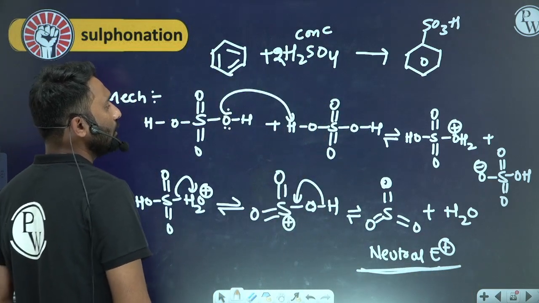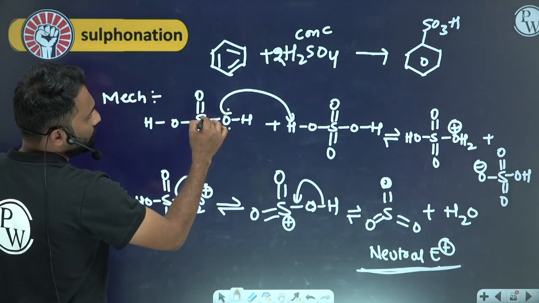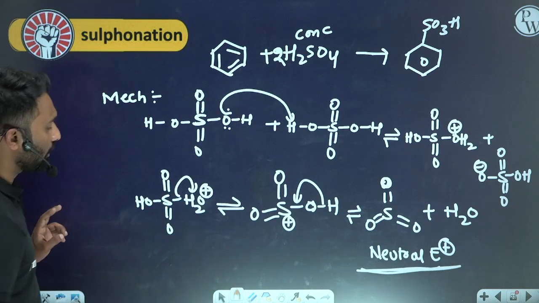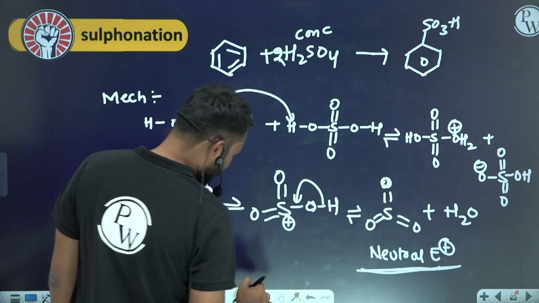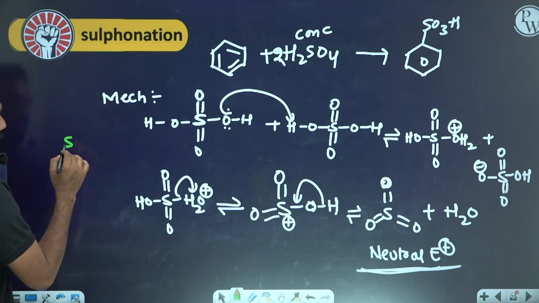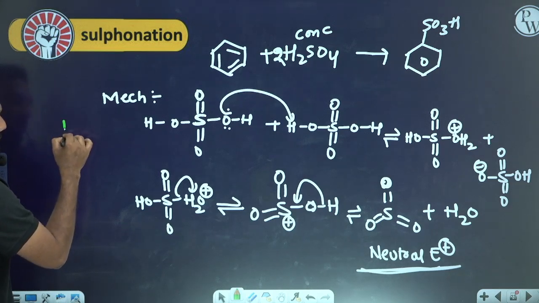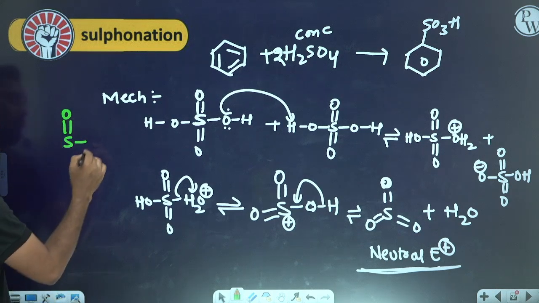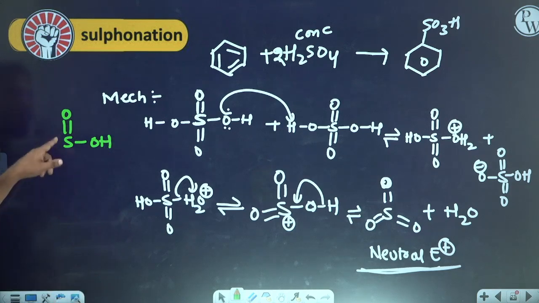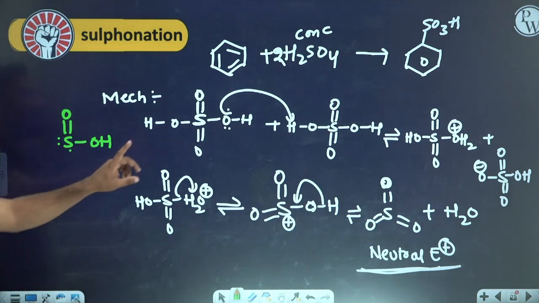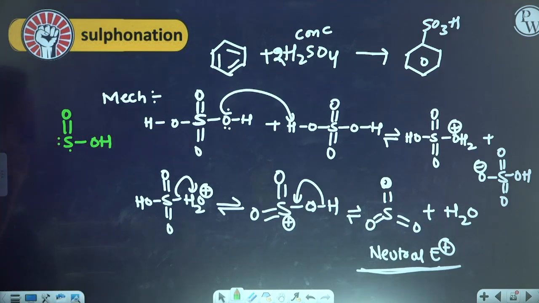Now let us see. First, this is the structure of H2SO4. How to draw the H2SO4 structure? What is sulfur's valency? Oxyacids of sulfur can form one double bond O and one OH. Sulfur valency is 6, and it has already formed 3 bonds, so 3 remain. Hydrogen is never directly attached to sulfur, that you have to remember.